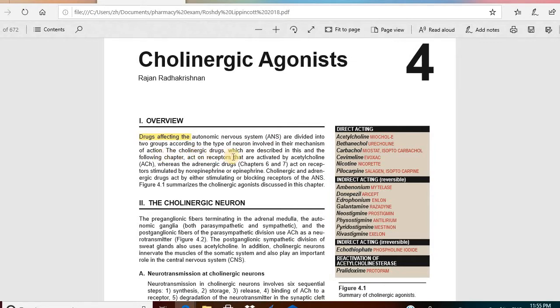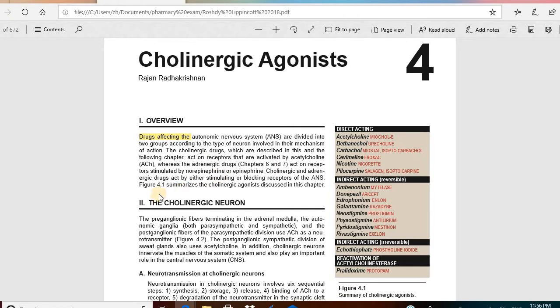The cholinergic drugs, which are described in this and the following chapters, act on receptors that are activated by acetylcholine, whereas adrenergic drugs act on the receptors stimulated by the norepinephrine or epinephrine. So ANS include two types of drugs, number one the cholinergic drugs and number two the adrenergic drugs. In this chapter we will discuss the cholinergic drugs.